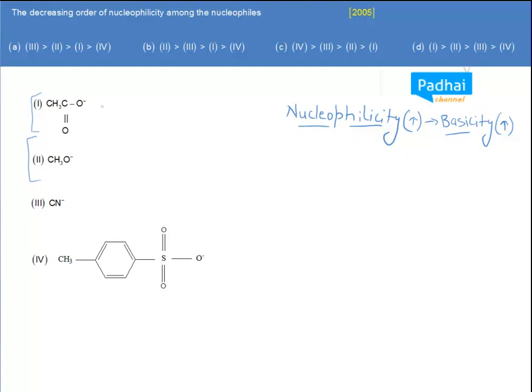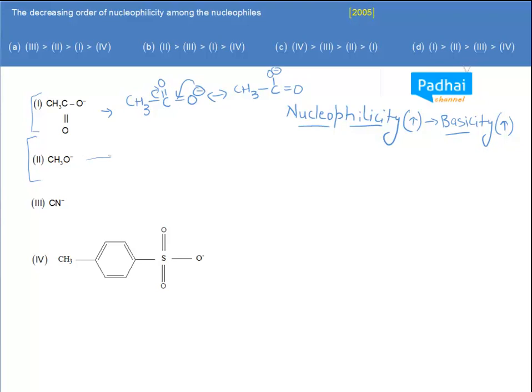In these two, if we compare, the first nucleophile is CH3 C double bond O, O minus. Here we can see that this negative charge can resonate or delocalize with the C double bond O adjacent to it, so it can have 2 resonating structures. If this charge can move, that means this charge is not easily available, because it can resonate and is not available here permanently.